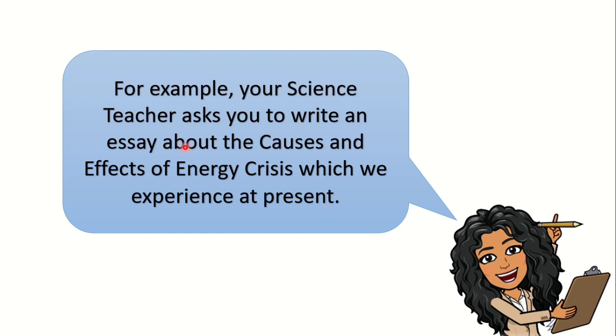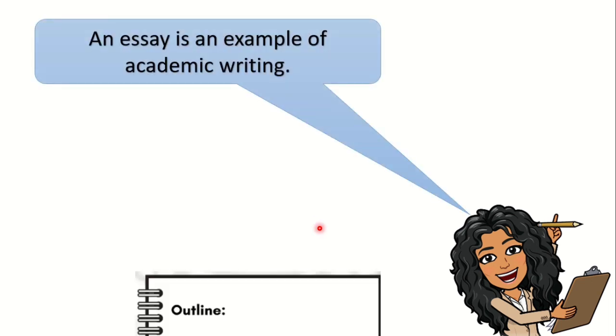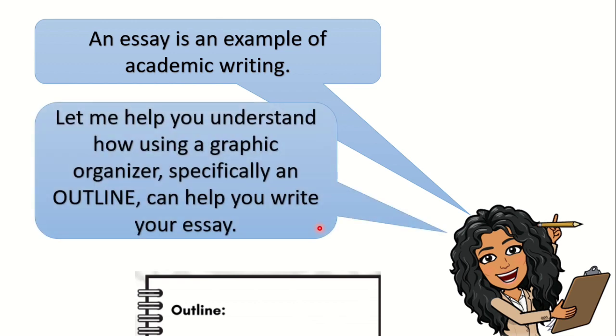For example, your science teacher asks you to write an essay about the causes and effects of the energy crisis which we experience at present. An essay is an example of academic writing. So let me help you understand how using a graphic organizer, specifically an outline, can help you write your essay.